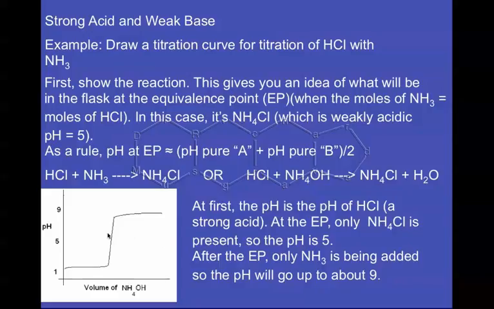Again, we can figure out the pH at the equivalence point by looking at the average of the starting pH and the ending pH. Since NH3 is a weak base, the ending pH will be 9. The starting pH of the HCl will be 1. So the equivalence point pH will be 5, which matches the fact that we've got only this weak acid NH4Cl present at the equivalence point.